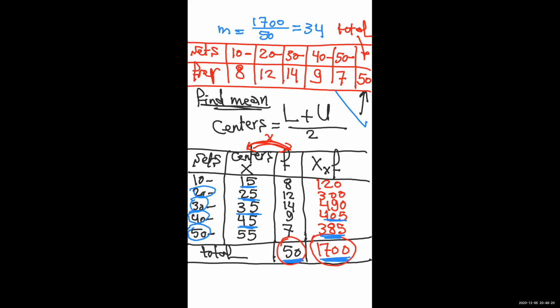The next one, I will clear the board. It's like this. The following table shows the daily wages in pounds of 50 workers in a factory. So let's draw the table first.